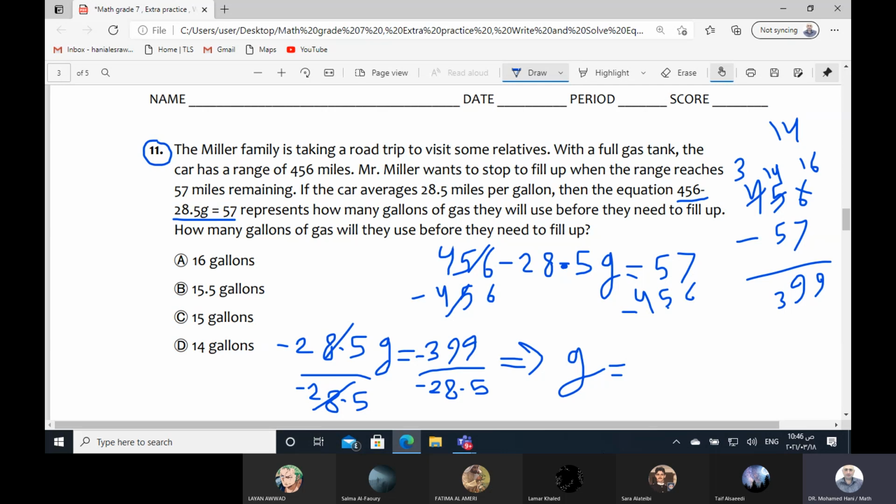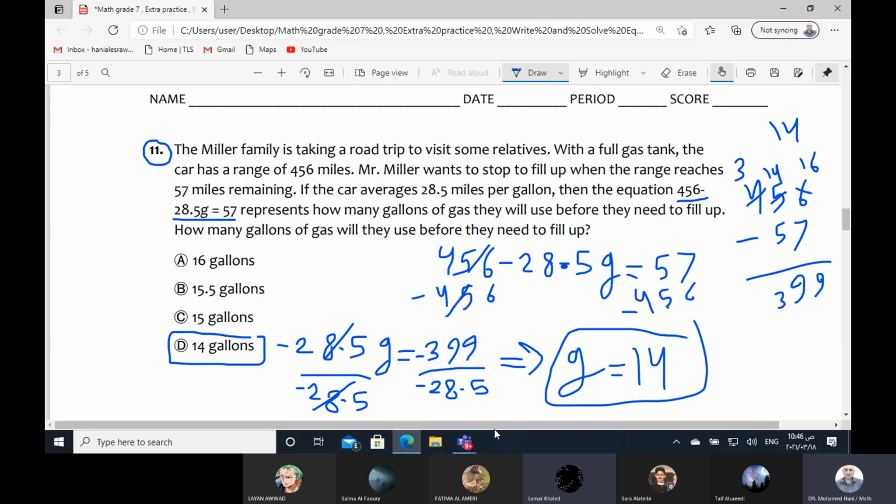Then we want to divide 399 divided by 28.5. The answer will be 14. So this is the right answer. Okay, thank you for all. Who has any question here? No question.